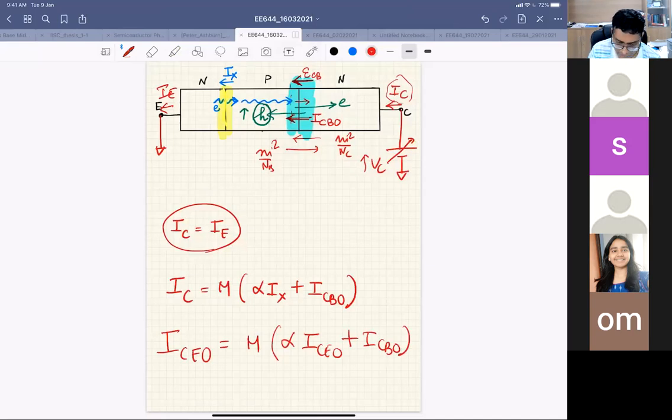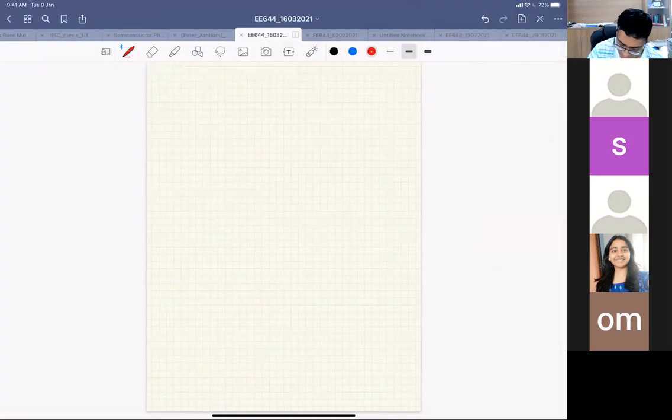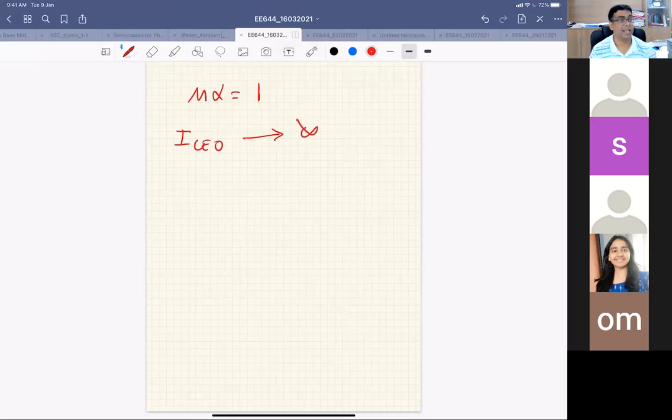So here I could also write ICEO is M times ICBO divided by 1 minus M alpha. See now, if your M alpha becomes 1, then your ICEO will be infinite. That means very high current flows.